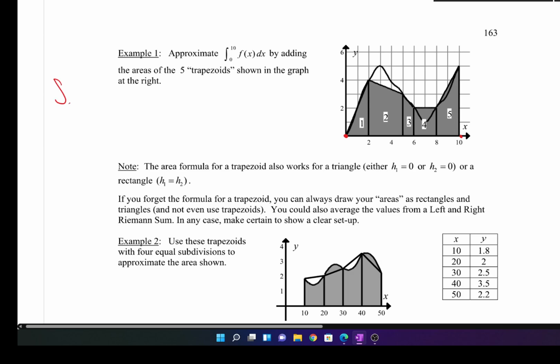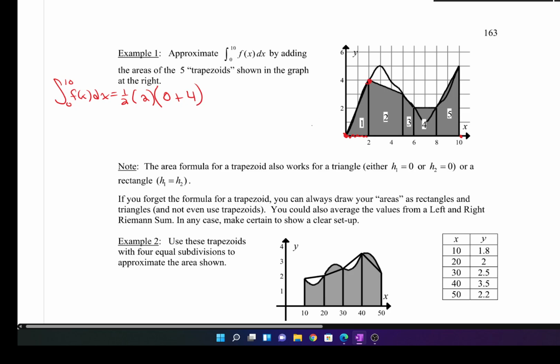So the integral from 0 to 10 of f of x dx is going to be equal to, and I'm going to throw a 1/2 out here for this first guy. I have a width of 2, and then I have a base of 0 plus a base of 4.